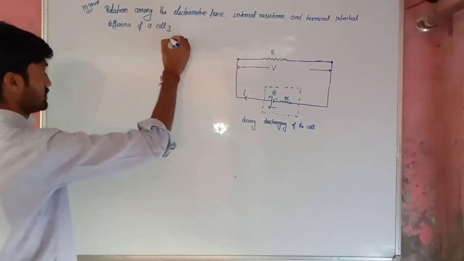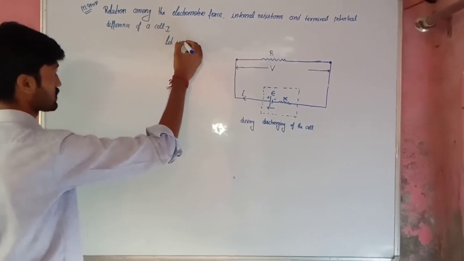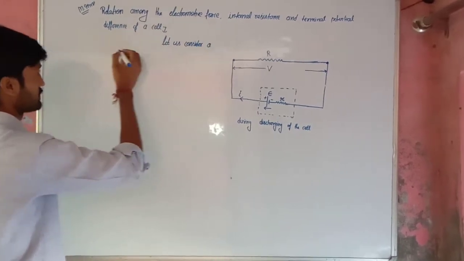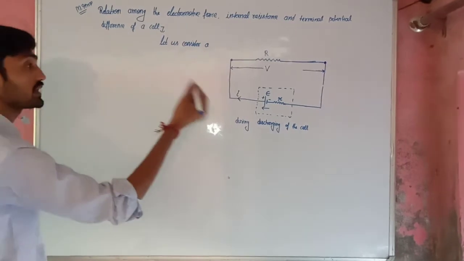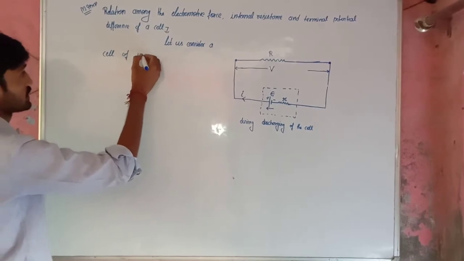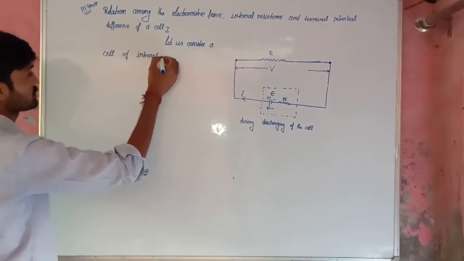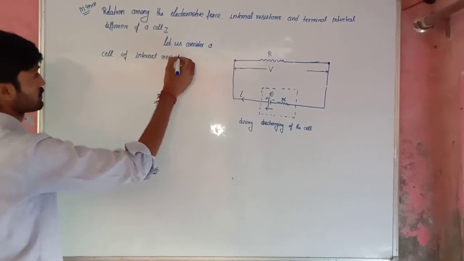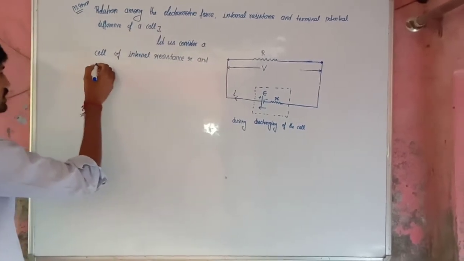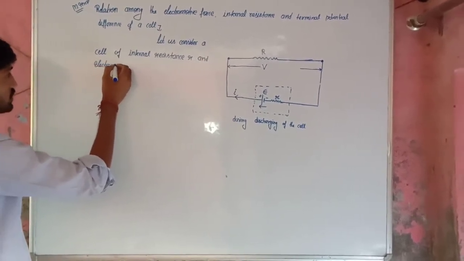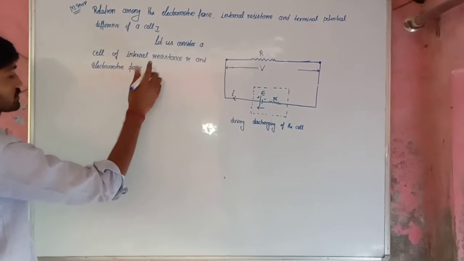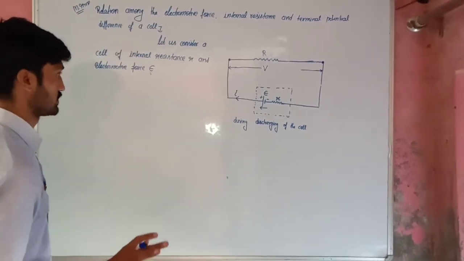Let us consider an electrochemical cell of internal resistance small r and electromotive force E or epsilon.